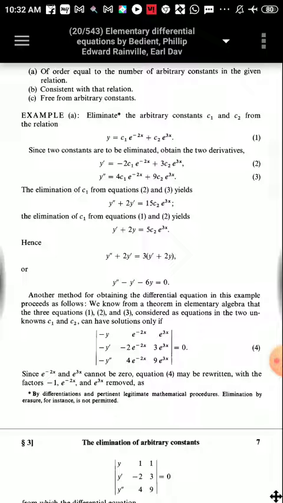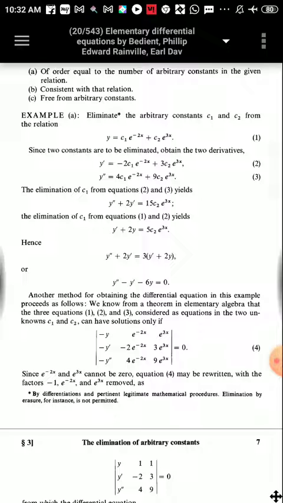So this relation 1 contains two arbitrary constants. It means that the differential equation which we get after eliminating these two arbitrary constants must be of order 2, and there are two arbitrary constants, so we differentiate this relation twice.